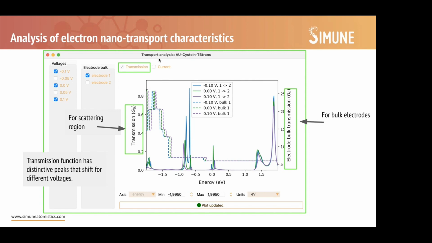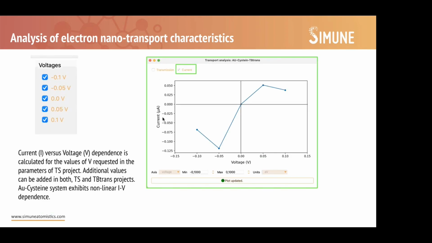So if you click on the current, we can see another window. What we see here is that the IV curve, essentially the current versus voltage curve, is not linear anymore as in the toy model, but shows somewhat different properties.